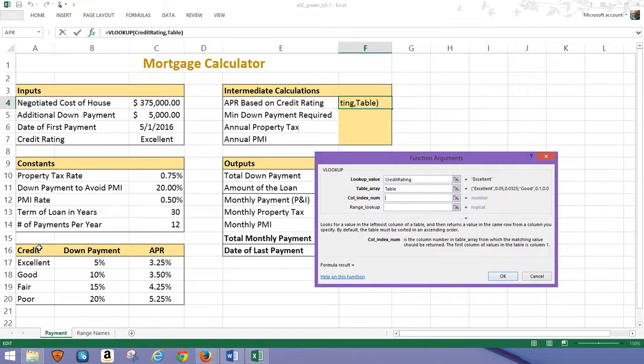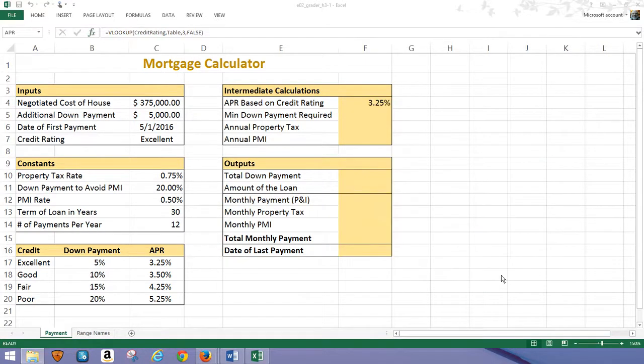The credits in the first column, down payment in the second, APR in the third. So we put in a 3. Next is, do we want it to be an exact match or not? So I'm going to say false, because I do want it to be an exact match. And I will now click OK. It shows the APR based on the credit rating is 3.25%.